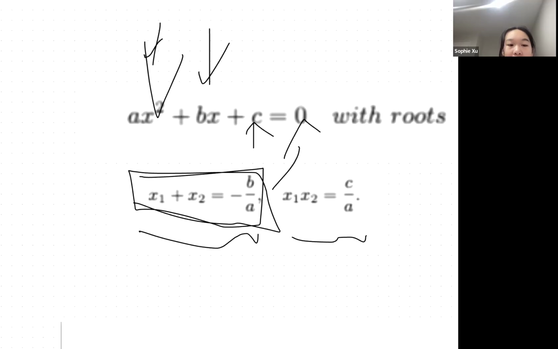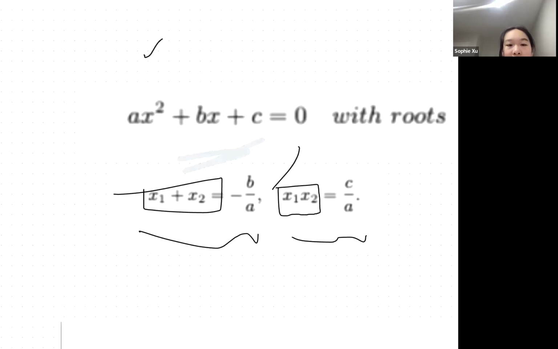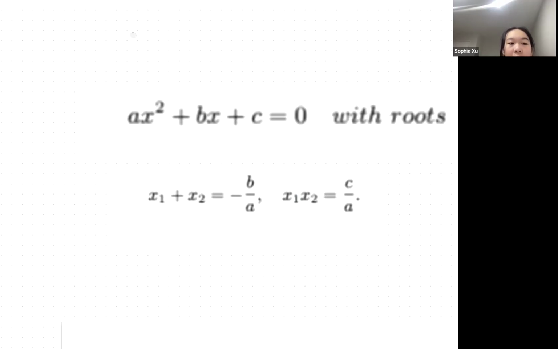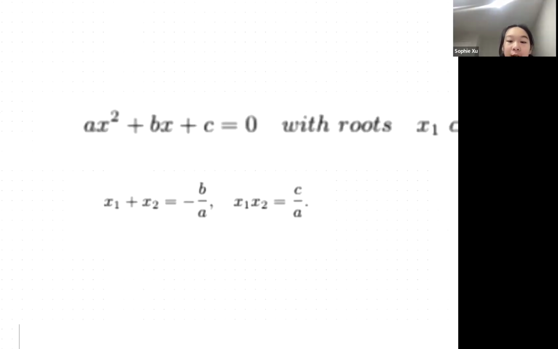Or just plug x1, x2 into the negative sum, and then plug the product into C. Most of the time we just do that because it's way simpler, and it's basically the same thing, because we can just divide by a, and then it gives us the same equation after we divide by a anyway, because the other side is 0, right?